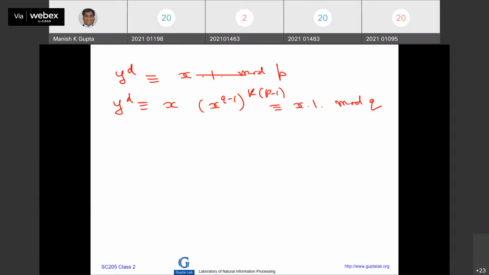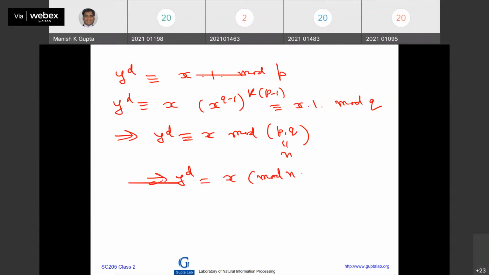So this whole thing will be true: Y raised to D is congruent to X mod n, and this is your Z, right? So this is the beauty, right? Applying Fermat's little theorem and Chinese remainder theorem to arrive at the result.